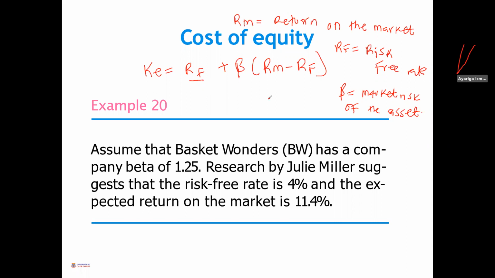The reason why I may not buy treasury bills, but may buy something from the market, is that the market is riskier than treasury bills. So the market offers a better return than risk-free. So RM minus RF talks about how the market rate exceeds the risk-free rate, and it is called market risk premium. Another name is excess market return.